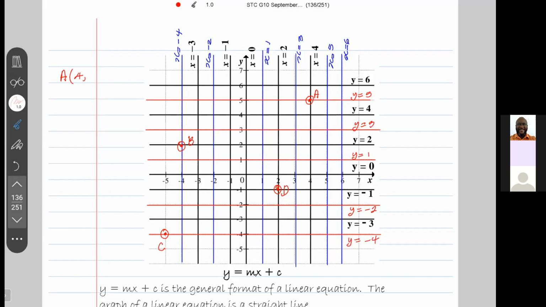On the horizontal line y is equal to 5. So the y coordinate of A is 5. So this is something that you can also use to help you determine the coordinates of a point.